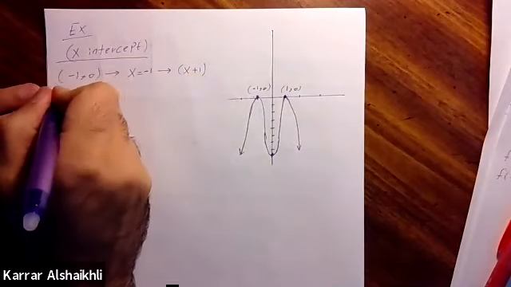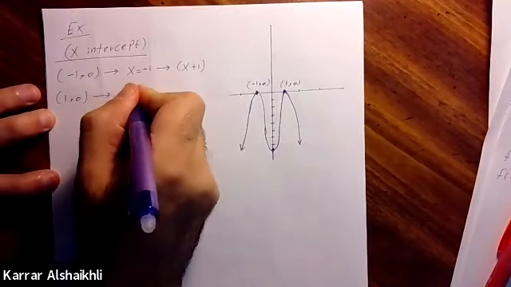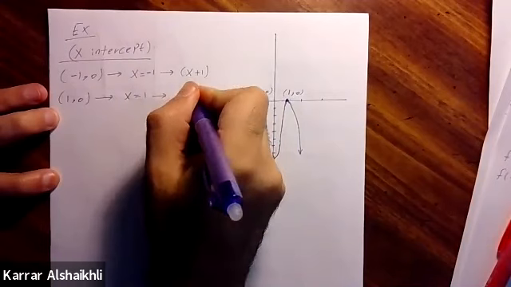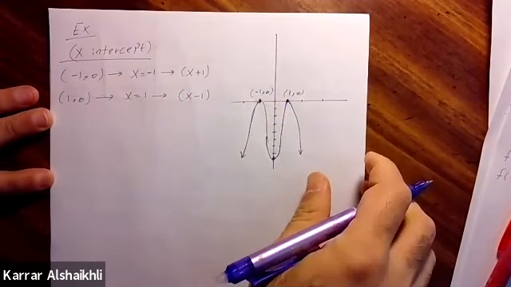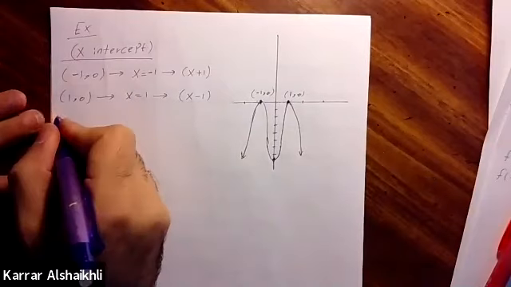The second point is (1, 0), so x equals 1, which means x minus 1. So we're done with the x-intercepts because I have 2 x-intercepts.